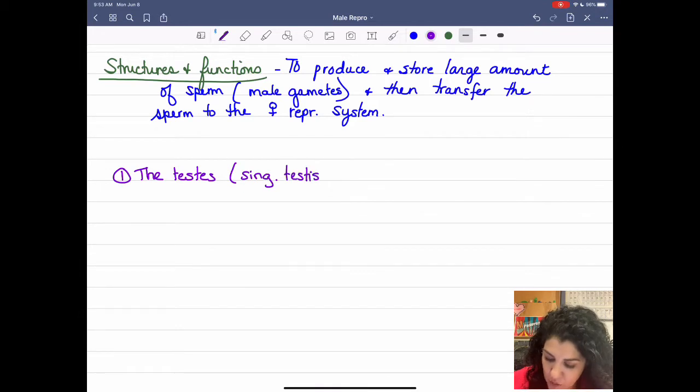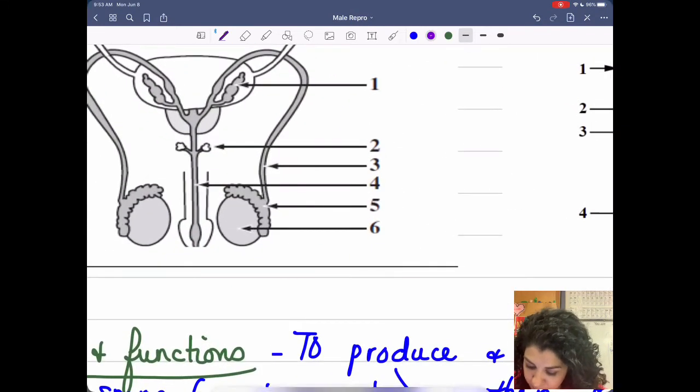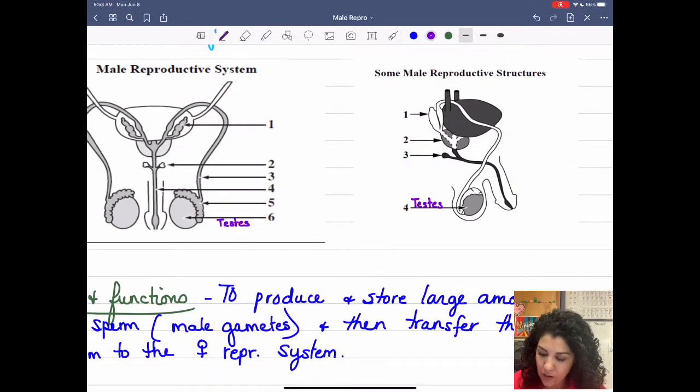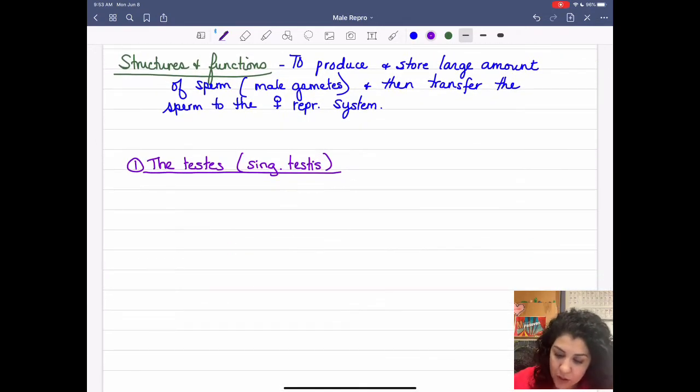So testis is 1, testes is plural, and so that's going to be number 6 over here, and it's going to be number 4 on this side. Okay, and not all these are labeled the same on both sides, so we'll make sure that we do that when we get there.